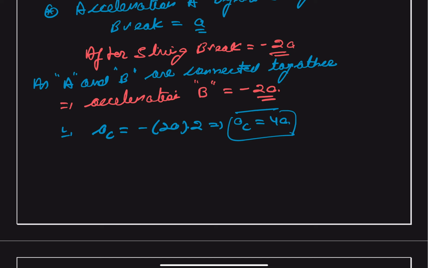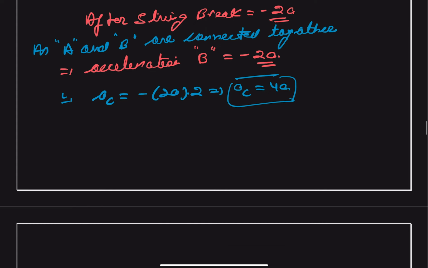Now let's find out the change of acceleration for C and the change of acceleration of A plus B, because A and B will be moving together. We say change in acceleration, let us do it for C first.